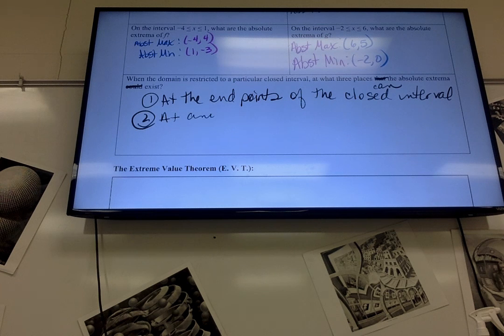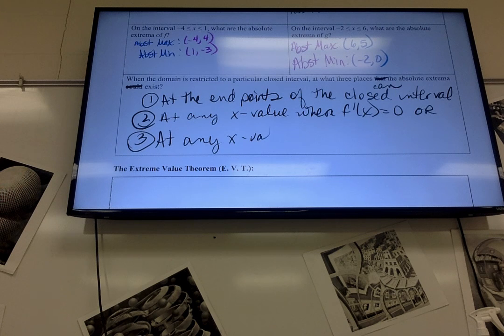So at any x value where f prime of x equals 0, or at any x value where f prime of x is undefined. So that's what you said, relative maxes and mins, because that's where they occur. It's just getting a little more detailed.